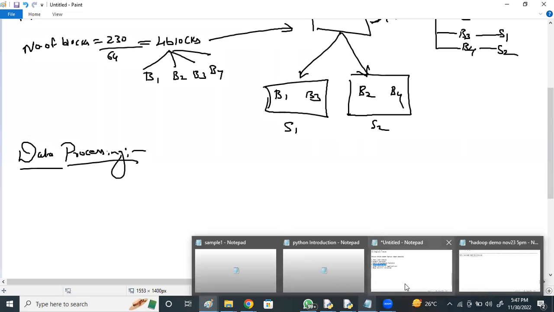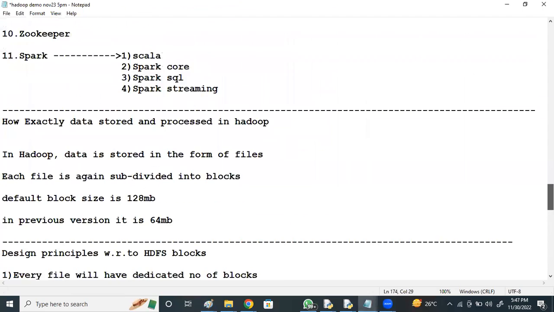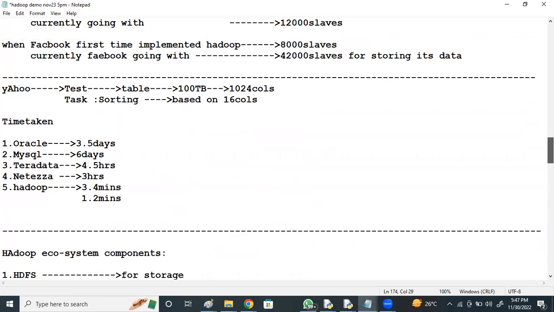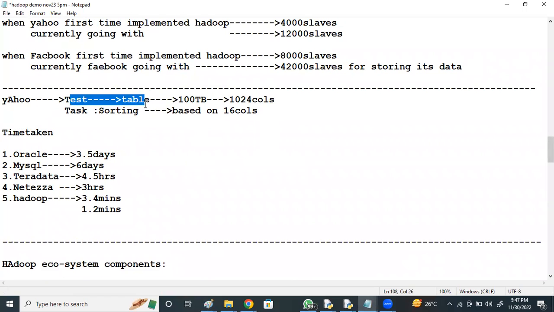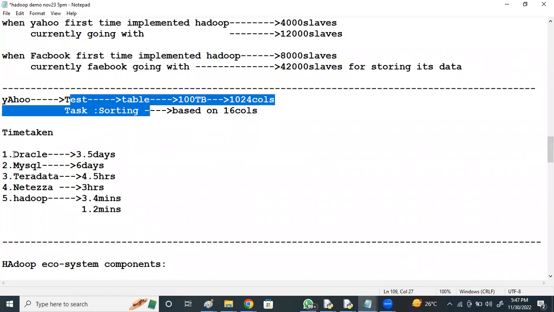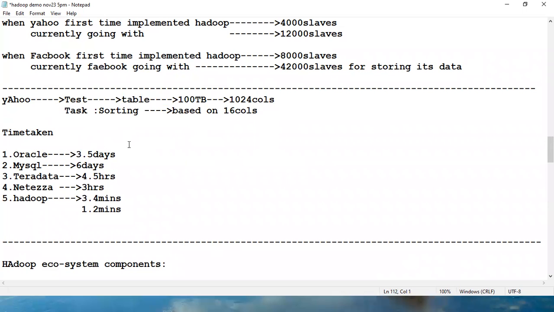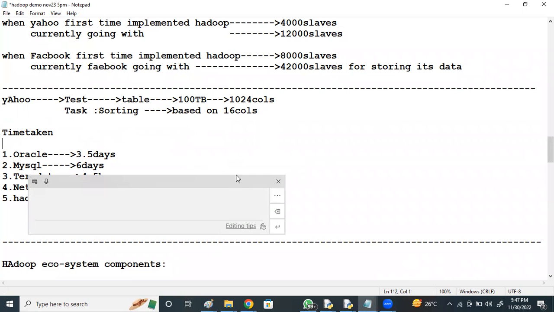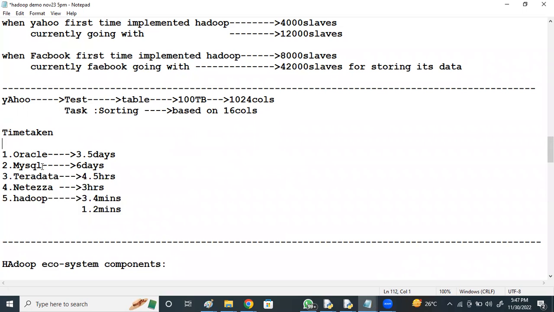What is the advantage, the motivation towards Hadoop or Spark? In the previous classes I gave an example, right? It's taking days of time in regular databases.